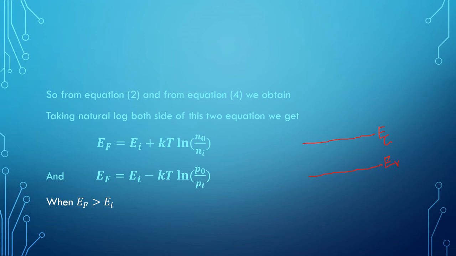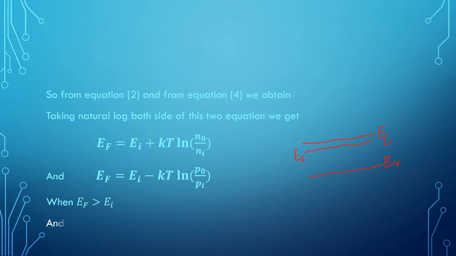When EF is greater than EI, EF is near the conduction band edge. This is true for an n-type semiconductor. For an n-type semiconductor, the electron concentration is greater than the intrinsic electron concentration, so the Fermi level is near the conduction band edge.